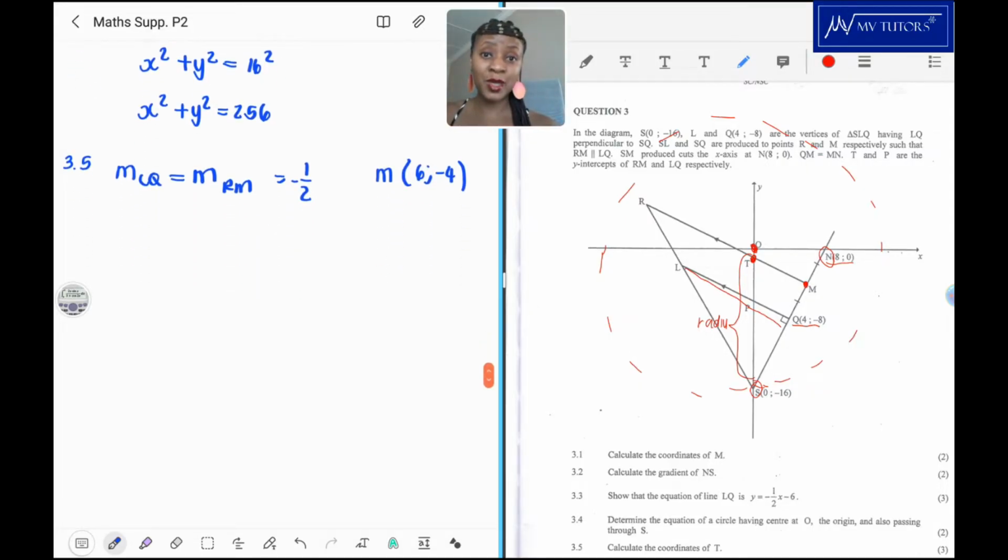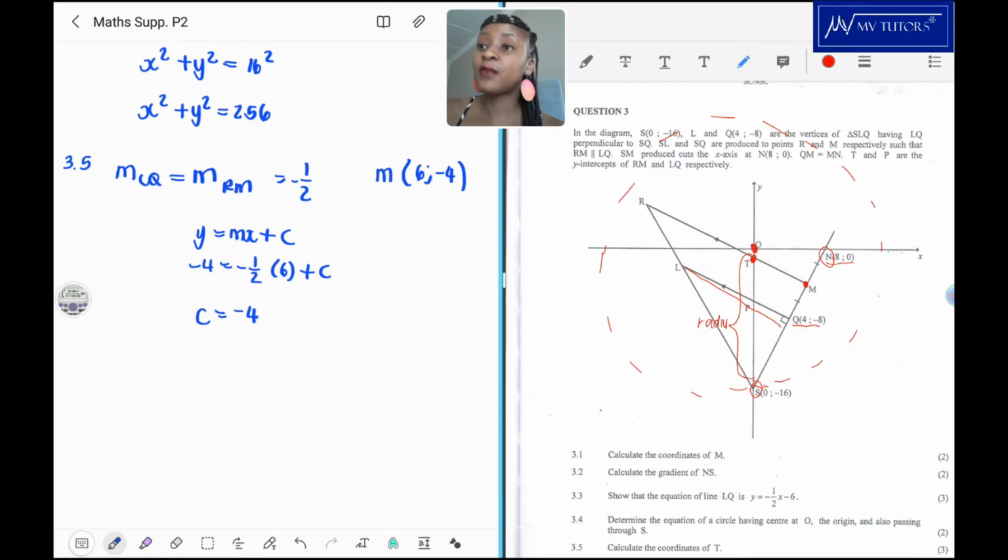So we can just get the equation, and in so doing, you'll get c, which is T, the y-intercept of the line RM. Again, y is equal to mx plus c. y is -4, the gradient is -1/2, x is 6, and now we're solving for c, which is T. So c is equal to -4, and then -1/2 times 6 is -3.